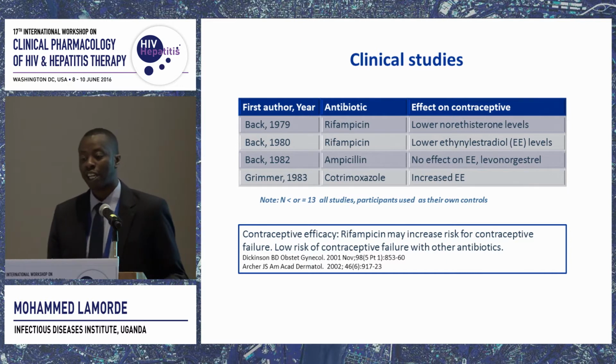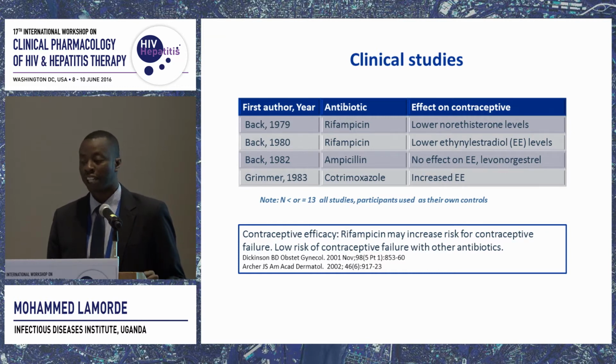So David and his team members conducted several clinical studies in patients. In two of the studies, the first two studies, they looked at rifampicin. The first one was rifampicin and norethisterone, and the second one was rifampicin and ethinyl estradiol. In both of those studies, they found lower concentrations.